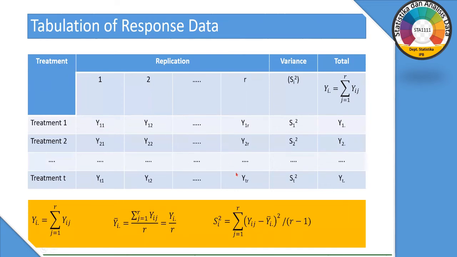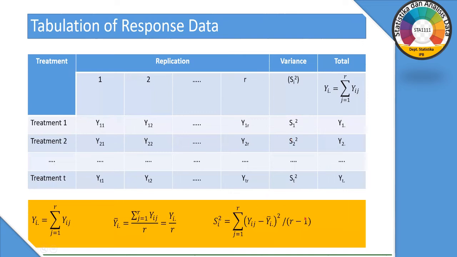And then from this table, of course, you will be able to calculate the variance of each treatment. Let's say S1 square is the variance of the first treatment, S2 square is the variance of the second treatment, and so on. The way to calculate the variance is just like what we have learned in the previous lectures.